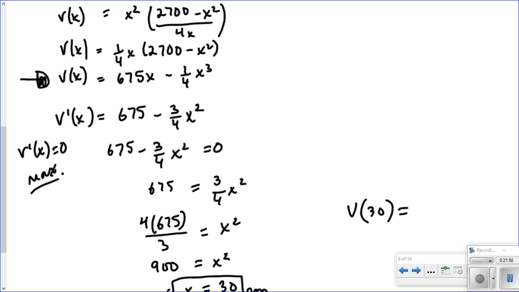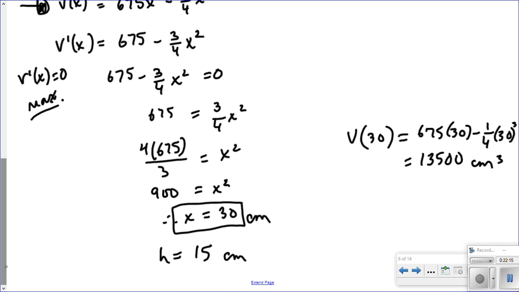That works out to be, according to my notes, a volume of 13,500 cubic centimeters, when h equals 15 centimeters and x is 30 centimeters. All right, good. That's almost 30 minutes.